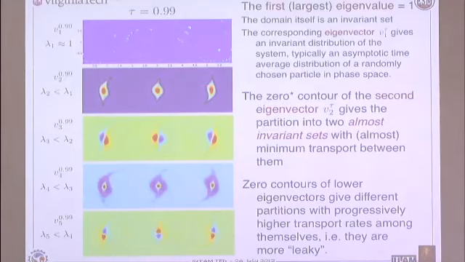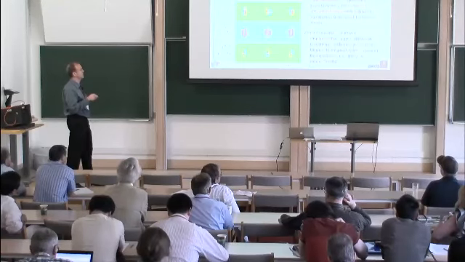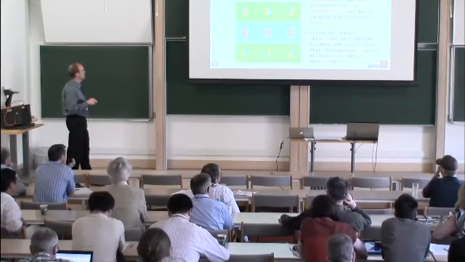In this case, it shows that they actually stay on one side or the other. But the ordering of this eigenvalue gives us an indication of how leaky this is. It's not invariant, it's almost invariant. And the smaller the eigenvalue, the more leaky it is. So the tendency to cross back and forth within one of these regions has a higher probability than the particles actually leaving this region.